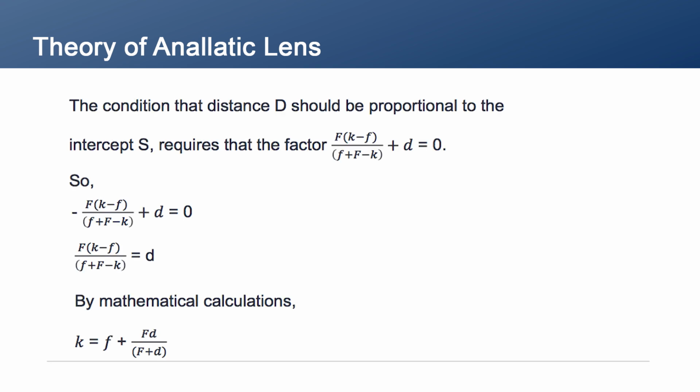Now, the condition that distance D should be proportional to the intercept S requires the factor capital F into k minus f by small f plus f minus k plus D to be 0.